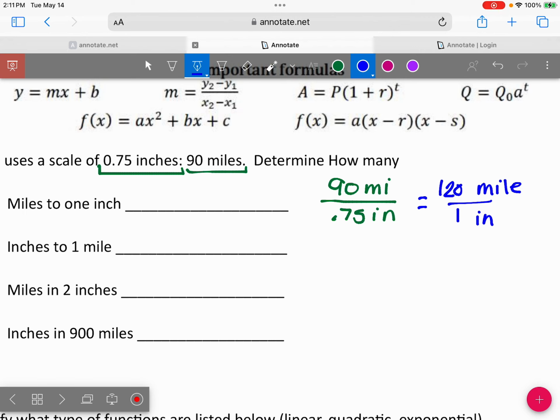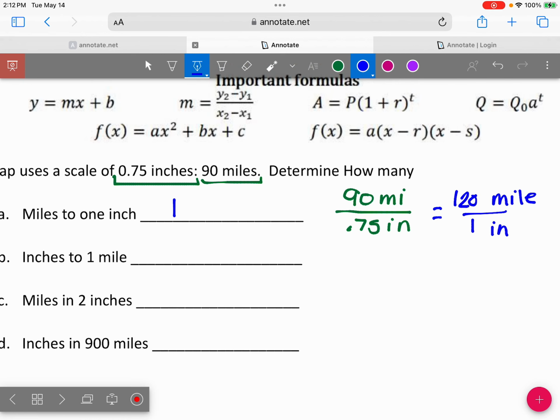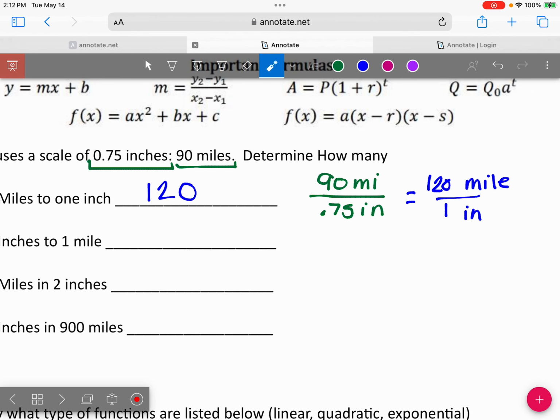And we can do that just by typing those into the calculator. The calculator is always simplifying it to be over 1. Every single time. So miles to 1 inch is going to be 120, because I wanted miles per 1 inch.